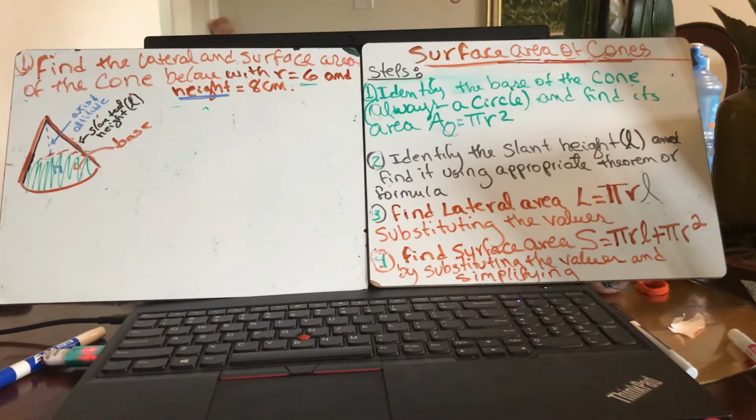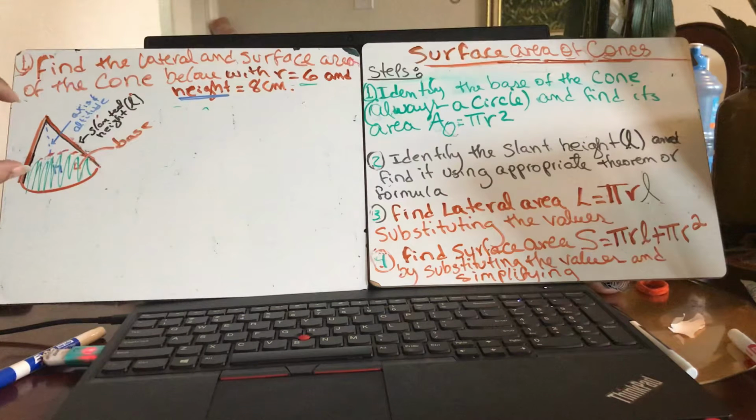There are also two major key points when identifying parts of a cone. There's always going to be a slanted height, just like on a pyramid. The slanted height can be measured from outside of the shape, from the base all the way up to the vertex.